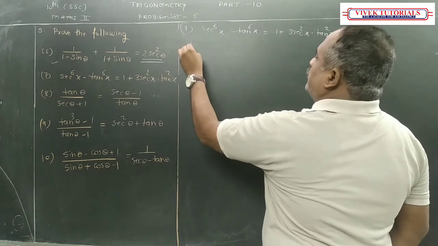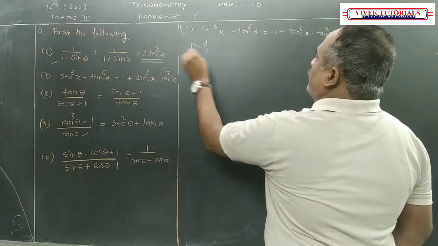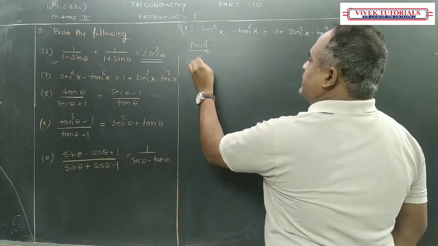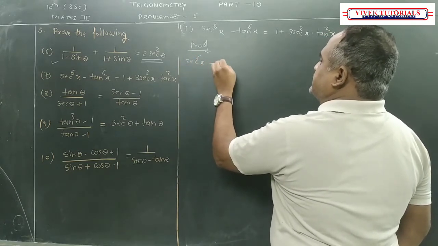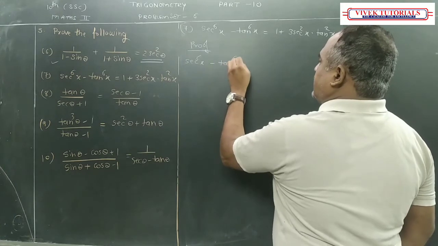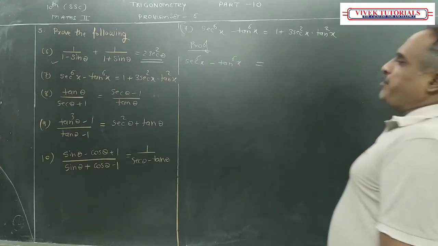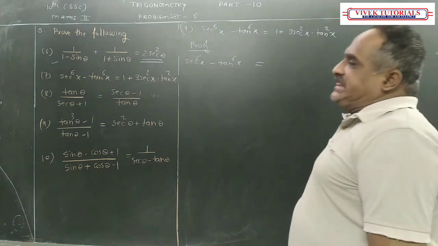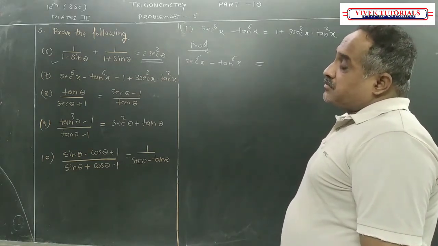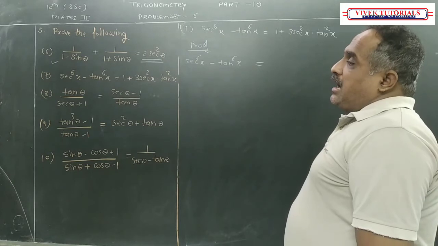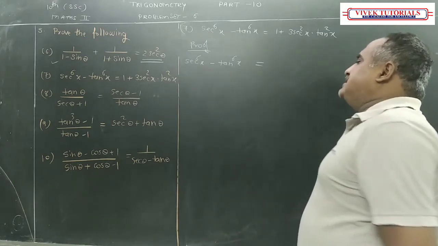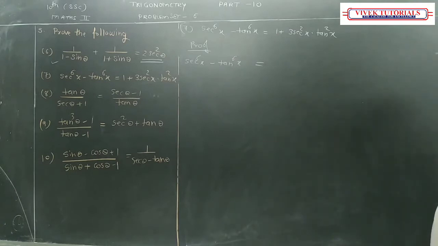So we'll do the proof. On the left hand side, sec raised to 6x minus tan raised to 6x. But the formulas we have are for square, sec square minus tan square, not for raised to 6.